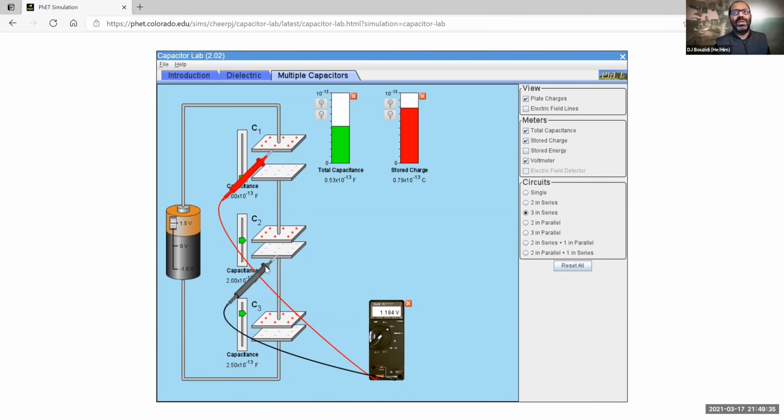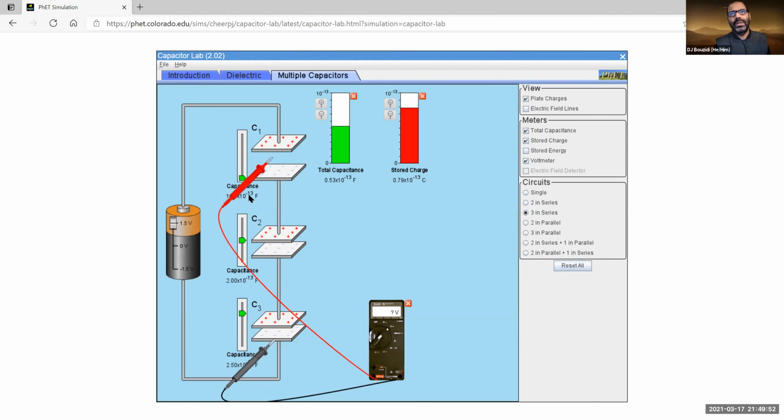So I can use my device to measure how much voltage between these 2 capacitors or between just one of them. If I add this one, 1.8184, that's just going to be the difference between 1.5 minus that one, which is going to be 3 point something. So it's exactly how the theory works.